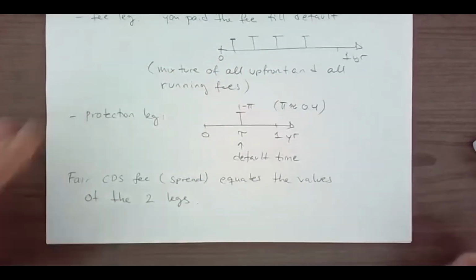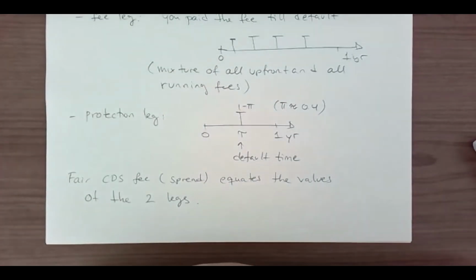Just like in a regular fixed for floating interest rate swap, there are two legs, and the fixed rate there is the one that equates the two legs in a standard swap contract.